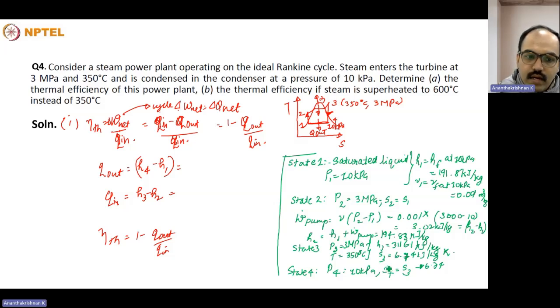So we can try to calculate the dryness fraction or the quality of the steam at the exit. Since this is saturated condition, we require two properties. One is dryness fraction or the quality of the steam, how much mass of the vapor divided by total mass of the vapor plus liquid. For saturated condition, we require one additional property.